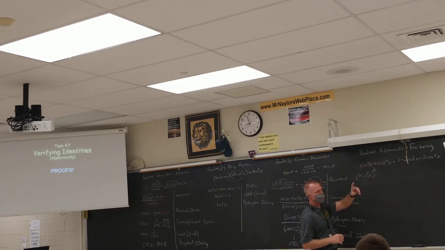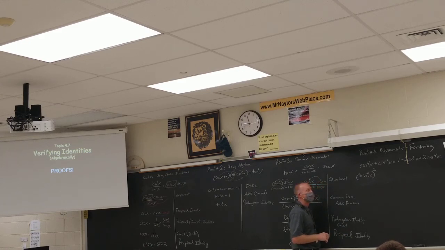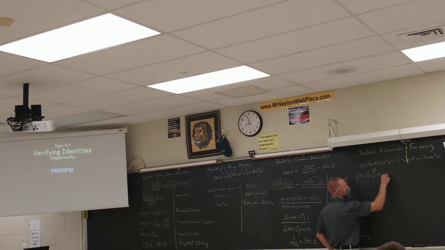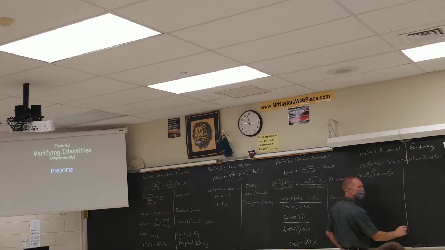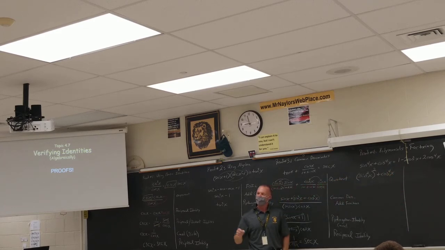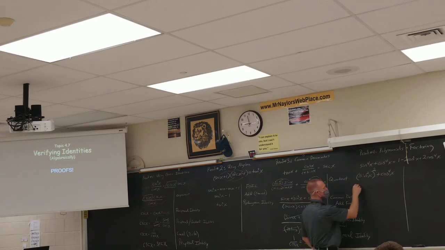I'm interpreting sine to the fourth to be a sine square square. And the reason that I'm interpreting it to be a square square is because you can change a sine squared to be a cosine squared. You can change a sine squared to be a 1 minus cosine squared.